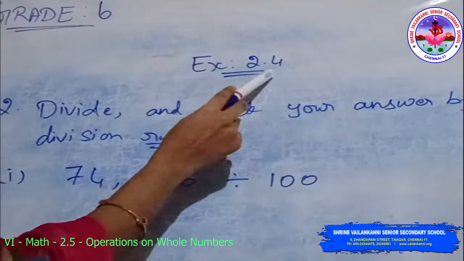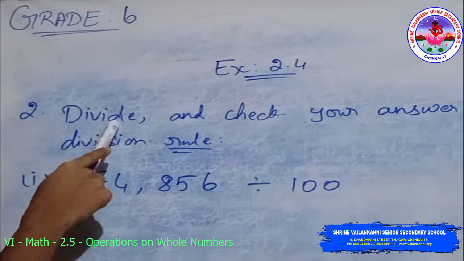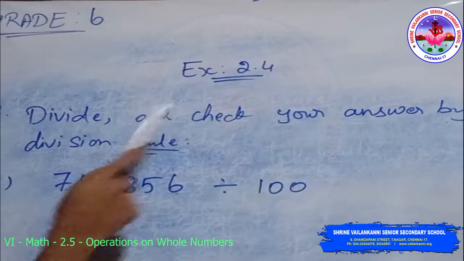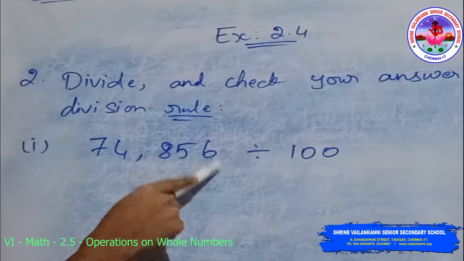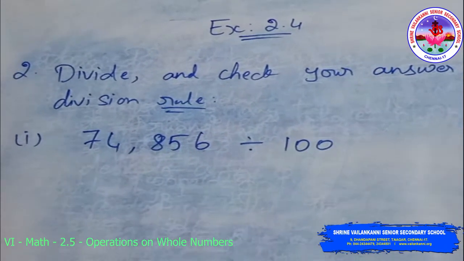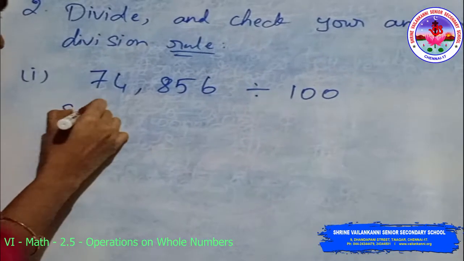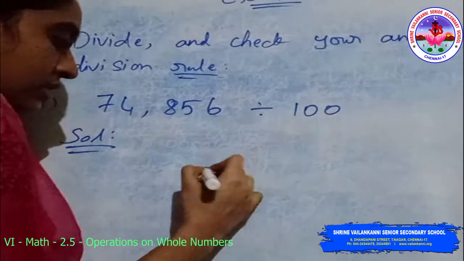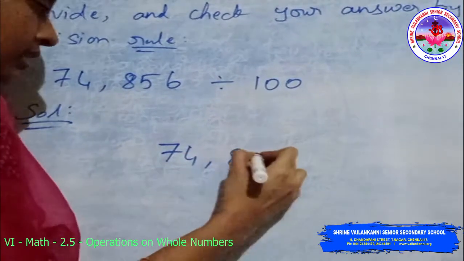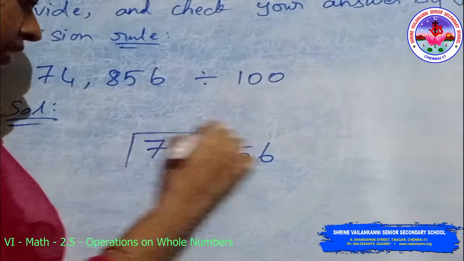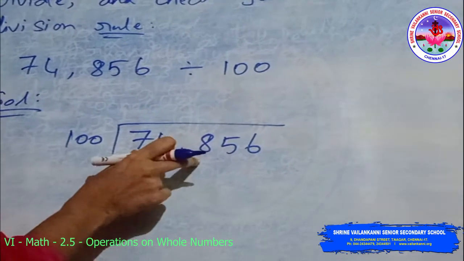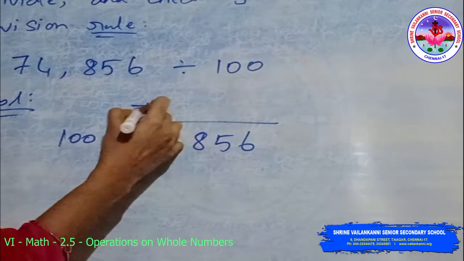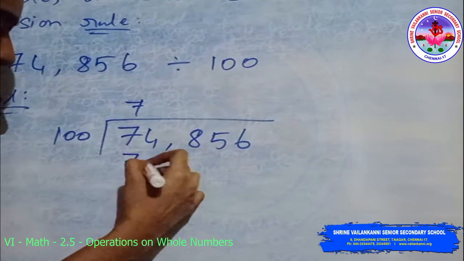Exercise 2.4, second question. Divide and check your answer by the division rule. The question is 74,856 divided by 100. Write down the solution. 74,856 divided by 100. First taking the first 3-digit value: 7 times 100, 700.